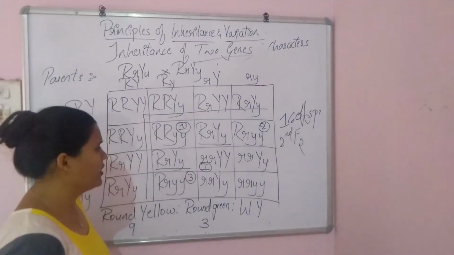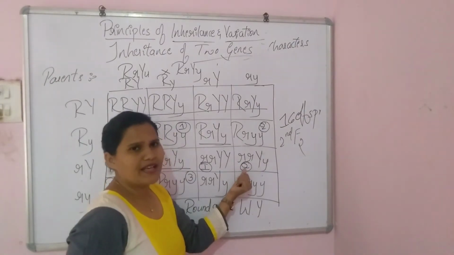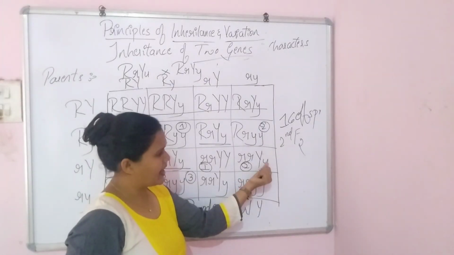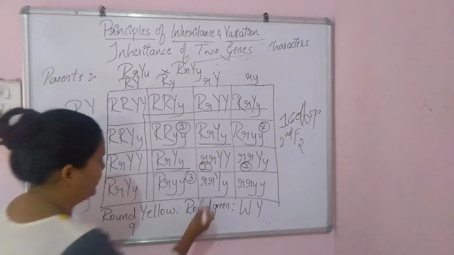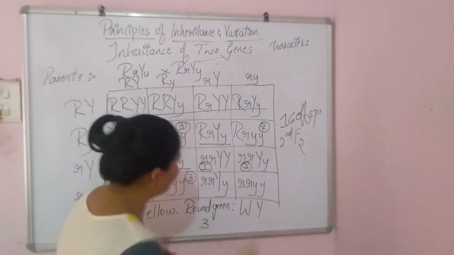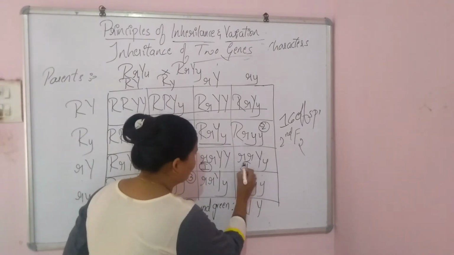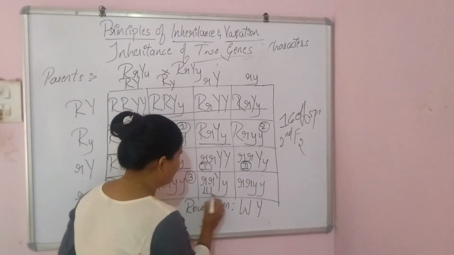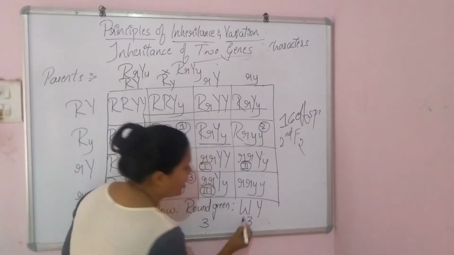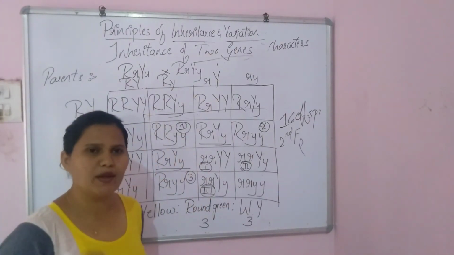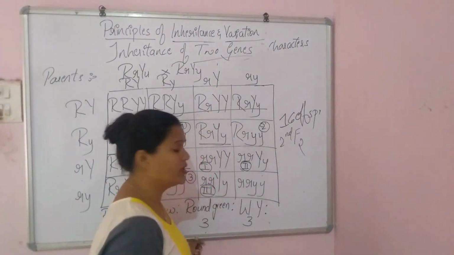So one here we got, and the second one is here, where small r means wrinkled, and capital Y is present, that is the yellow color, and one more here. Let me write it in Roman numerals so that it will be clear for you. And this is the third one. So we got 3 wrinkled yellow seeds.